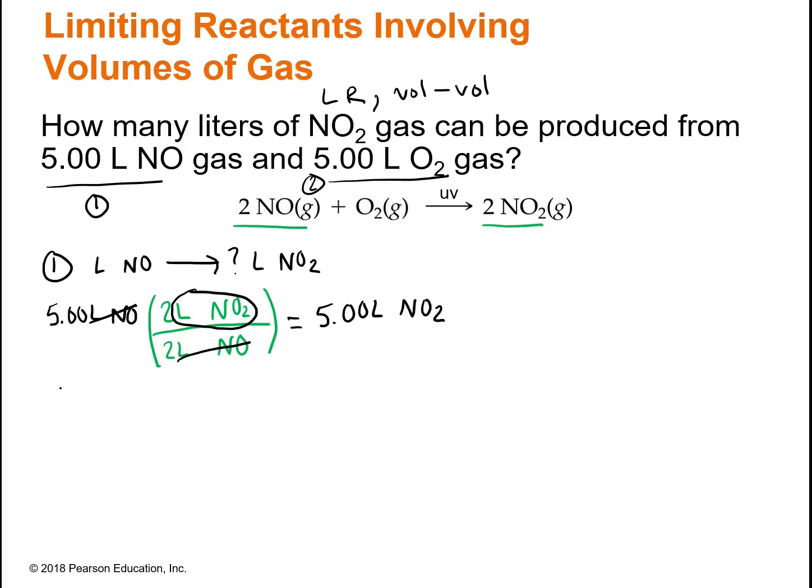So that's the first part. We know how much we'd make if we had unlimited oxygen gas and 5 liters of nitrogen monoxide. Now we need to do the same thing for the oxygen gas.